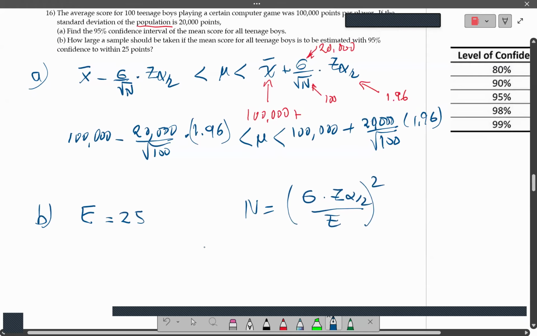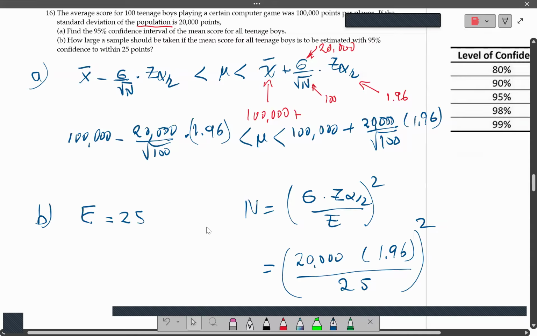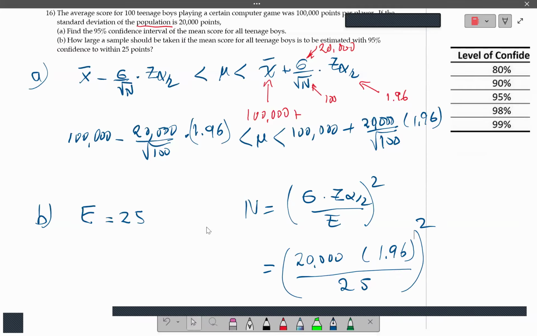Remember, they told you 95%. So this is going to be 20,000 times 1.96 divided by 25, and you square this. Remember, for this one, you have to round up all the time. If you don't get an exact number, you round it up.